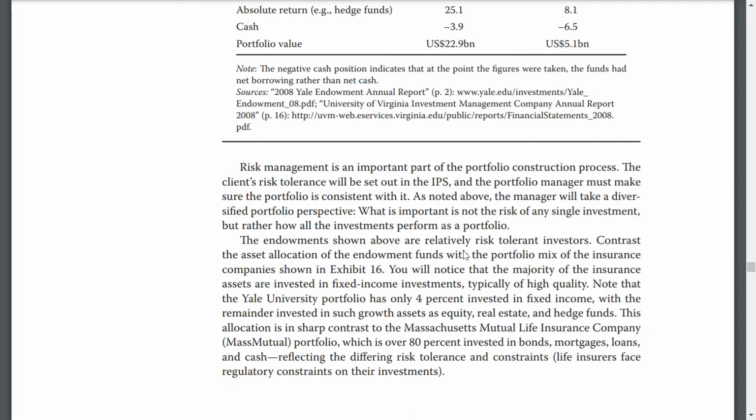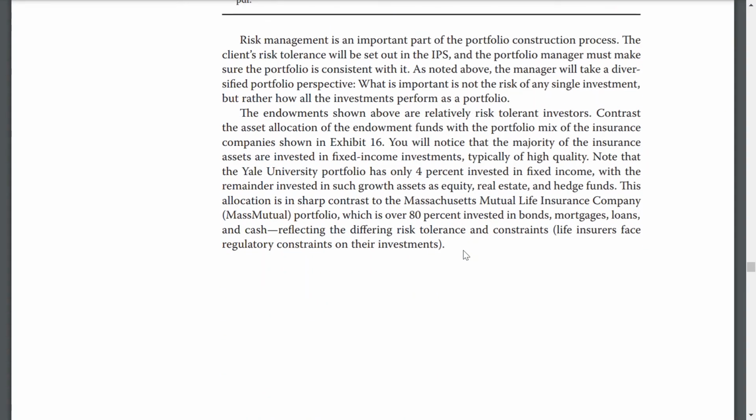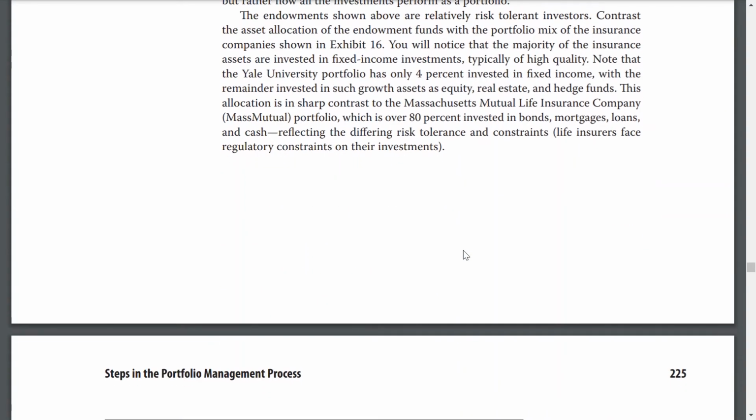Note that the Yale University portfolio has only 4% invested in fixed income, with the remainder invested in such growth assets as equity, real estate, and hedge funds. Its allocation is a sharp contrast to the Massachusetts Mutual Life Insurance Company, or MassMutual, portfolio, which has over 80% invested in bonds, mortgages, loans, and cash, reflecting the different risk tolerance and constraints.